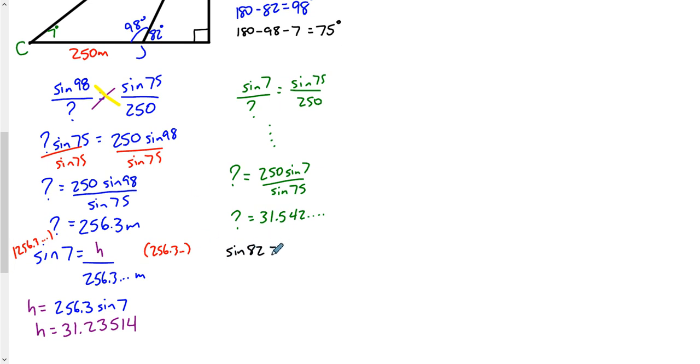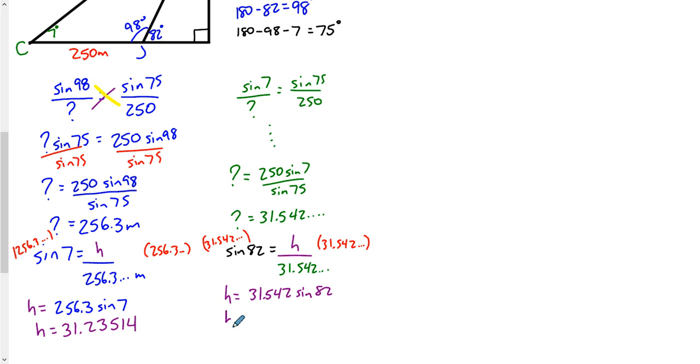So the sine of 82 would equal the height divided by 31.542. Forward 2 multiplied by the sine of 82.